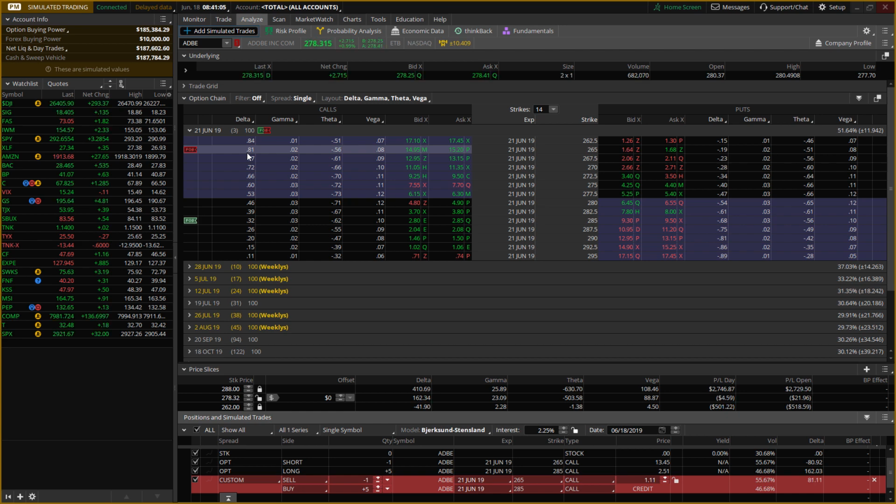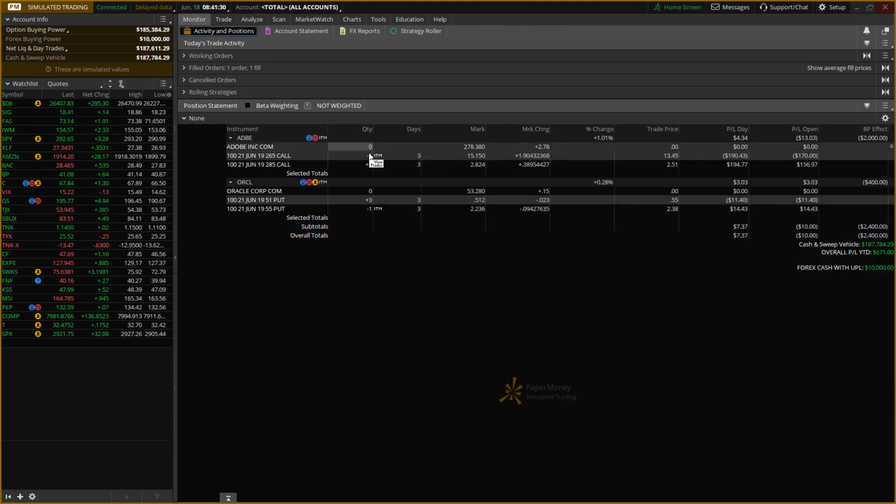And that means that the 265 would increase by $8.10. If I have a $10 move to the upside with a 32 delta, $10 times 0.32, that means it increases $3.20 for those calls.